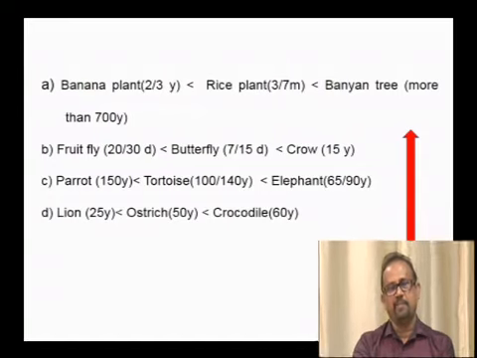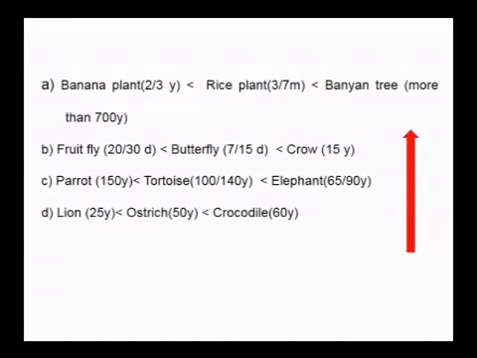Banana plant has a lifespan of 2 to 3 years, rice plant has 3 to 7 months, banyan tree has more than 700 years, fruit fly has 20 to 30 days, butterfly has 7 to 15 days, crow has 15 years, parrot 150, tortoise 140, elephant 65, lion 25, ostrich 50, crocodile 60.